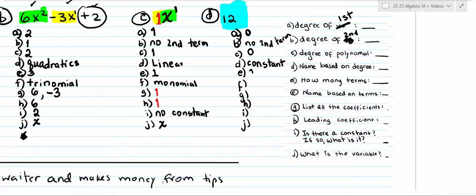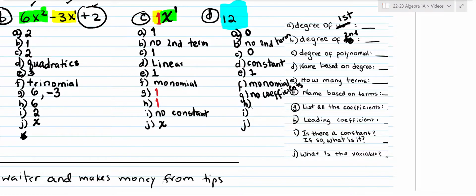How many terms? We have one term. The 12 is a term. Name based on the number of terms. One term means it's a monomial. G, list all of the coefficients. There are no coefficients because there are no variables.